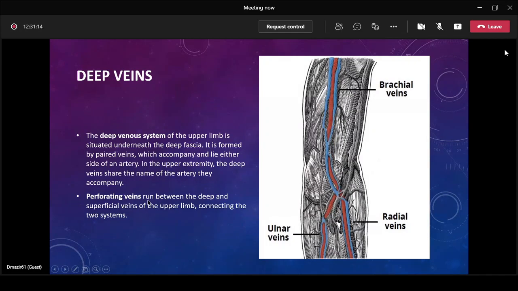They run between the deep and the superficial veins of the upper limb, connecting the two systems. They are also present in other parts of the body, like the lower limb, in which they become more prominent in the area of the leg, just above the ankle joint. And when they get dilated and tortuous, they are known as varicose veins.